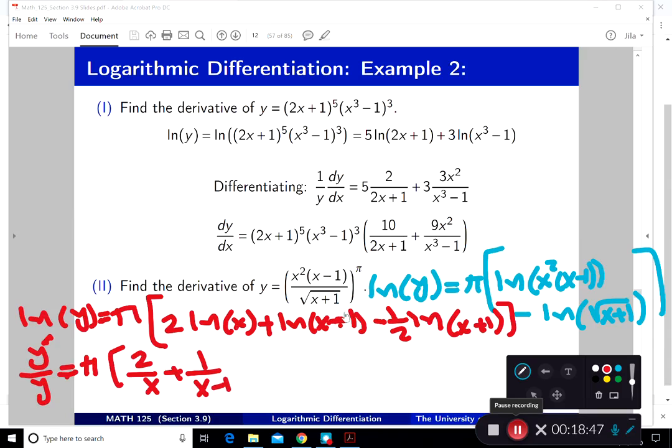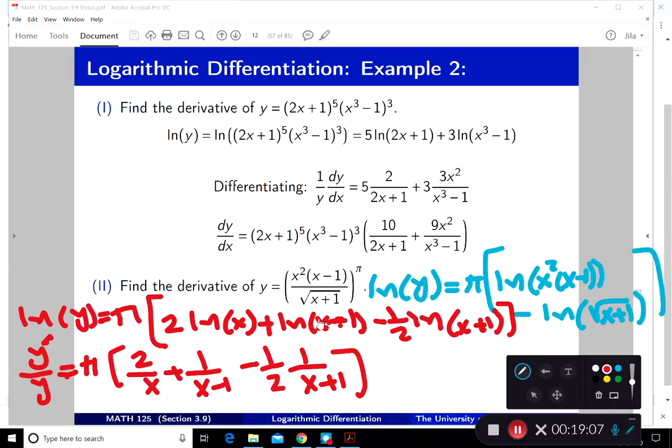And then this term is negative 1/2 of natural log of x plus 1, which is 1 over x plus 1, times the derivative of x plus 1, which is 1.